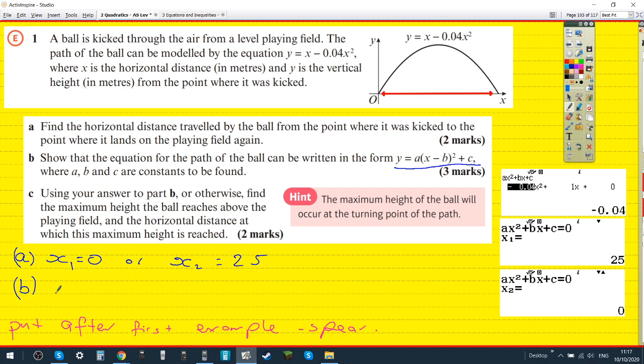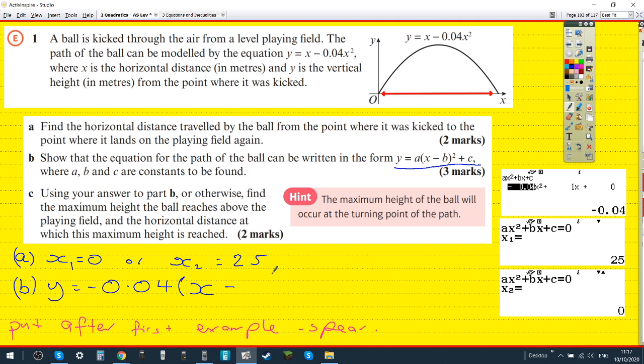Oh, so would A be minus 0.04? Mm-hmm. So it'd be minus 0.04 x minus... And b would be 1 still, right?